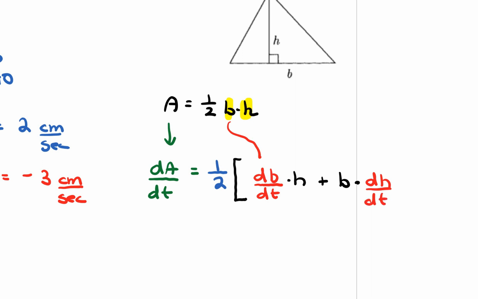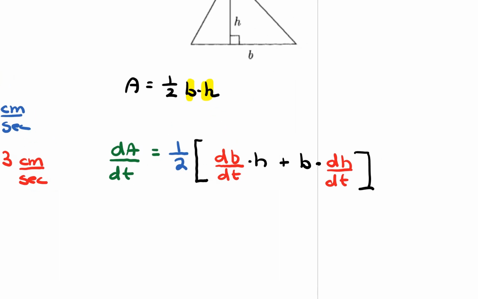So there is your product rule being applied, and we'll have the 1/2 on the outside there. Now the problem with this derivative expression is that you can plug numbers in, but you actually don't have the height. So you do need to find the value of the height because that's not given to you.